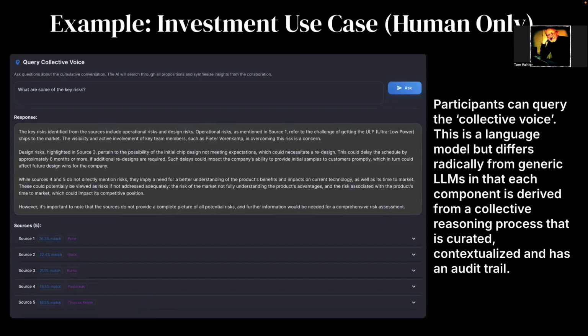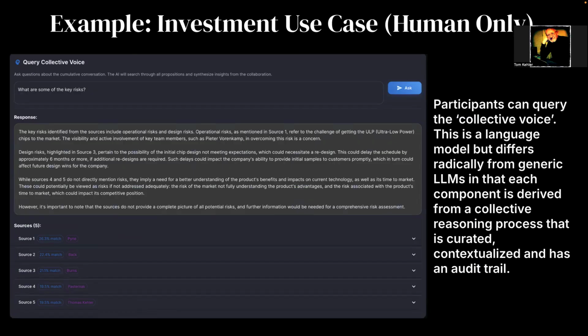Now, at the end of the day, the participants are able to query the collective voice. What is the collective voice? Well, this is where I said the language model is quite different because this particular language model is very highly annotated with context, with a probability that this is of relative importance to everyone in the group versus not.